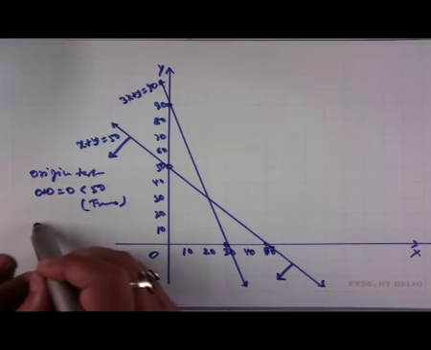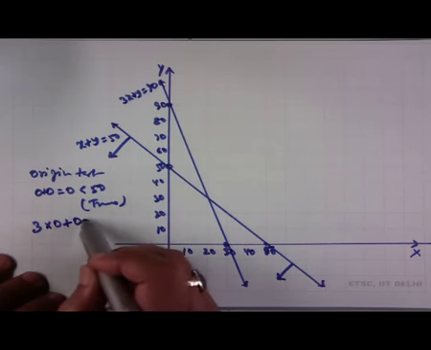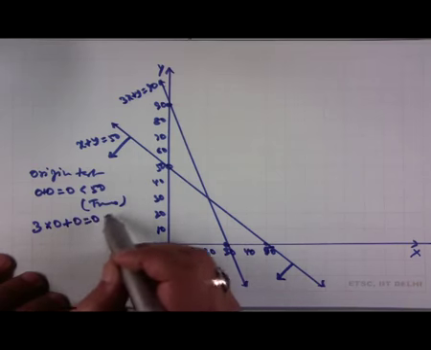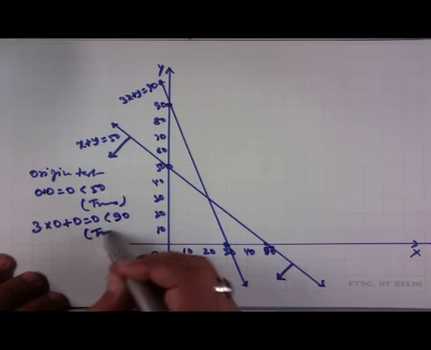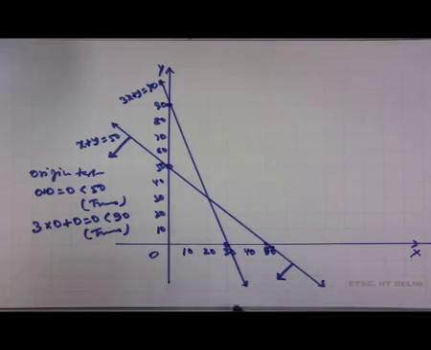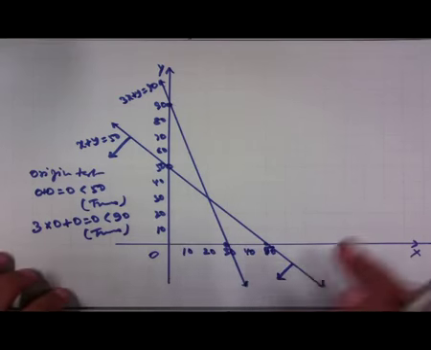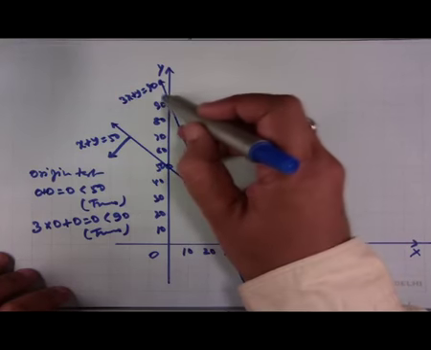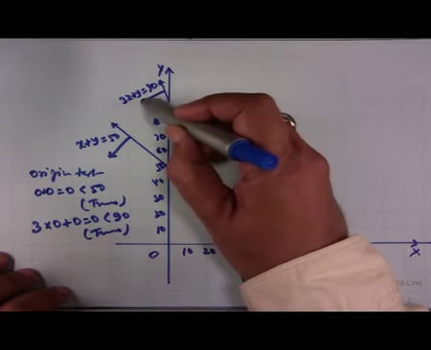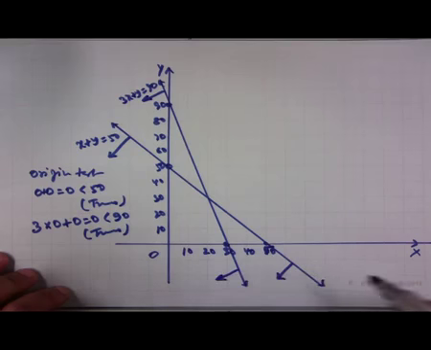Similarly, 3 into 0 plus 0 equal to 0 less than 90. This is again true. So in both constraints, origin is included in the solution region. So again the solution region for this constraint is in this direction.